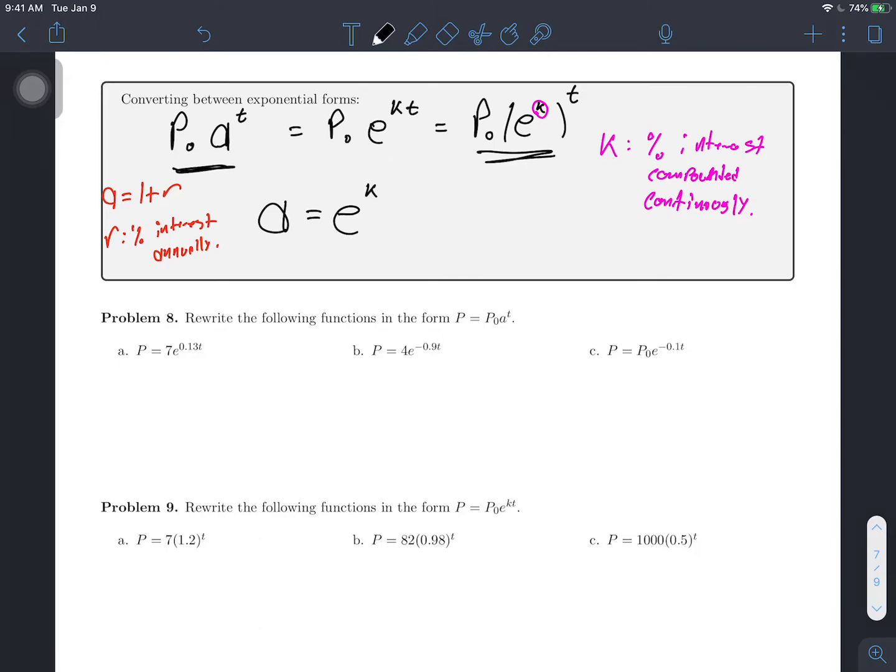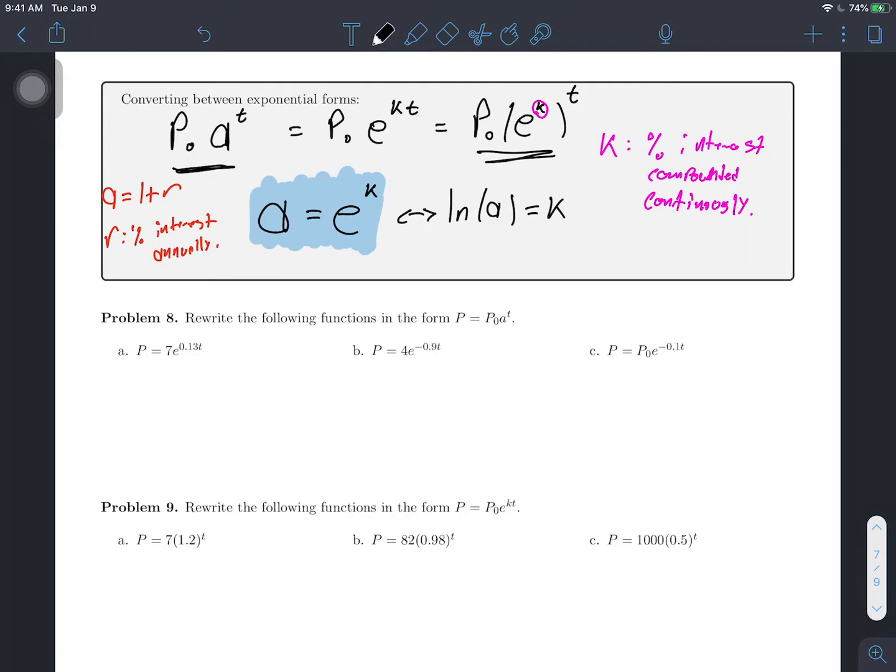The last thing I want to put in this box is that if we draw our attention to a equals e to the power k, this is our exponential equation. The corresponding logarithmic equation, if we apply the natural log to both sides, is ln of a equals k.